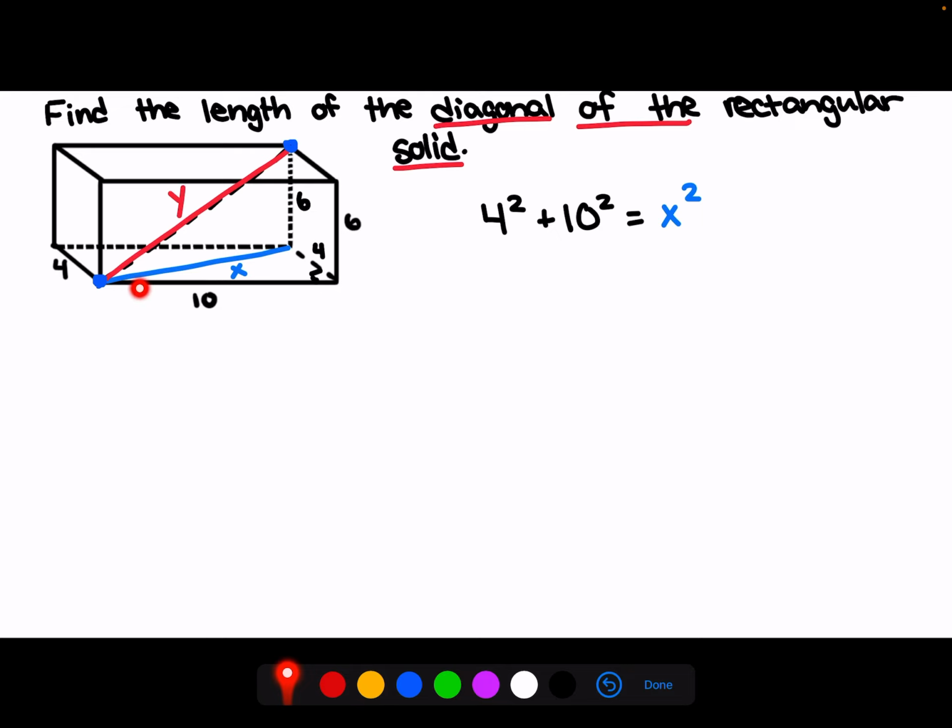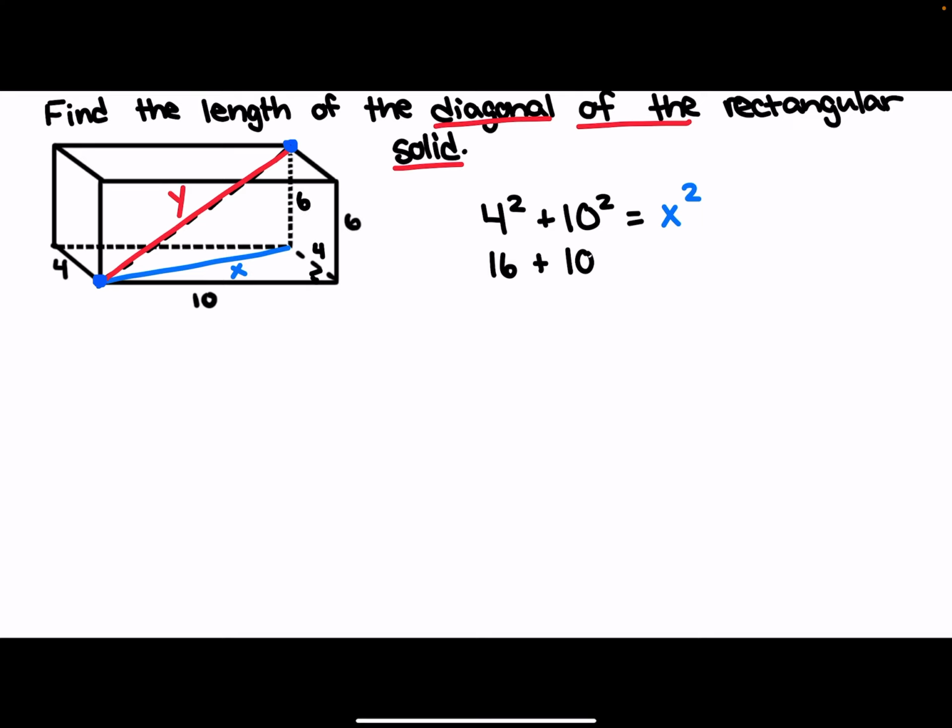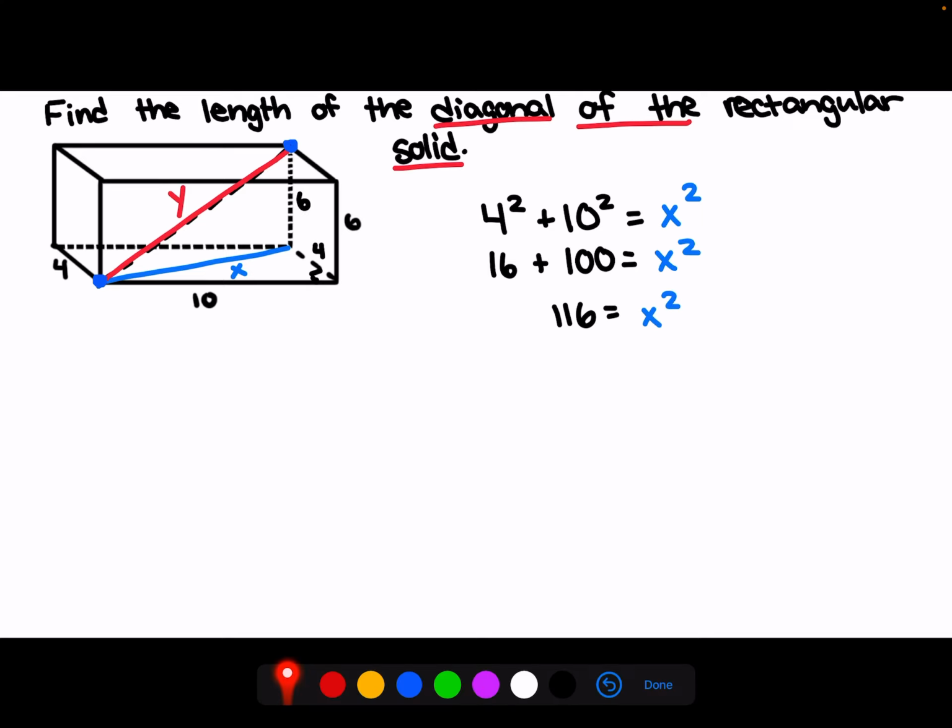I'm going to use a right triangle on the bottom face. That'll give me 4 squared plus 10 squared equals the hypotenuse x squared. 4 squared is 16, 10 squared is 100, 16 plus 100 is 116. Taking the square root of 116 will give us x.